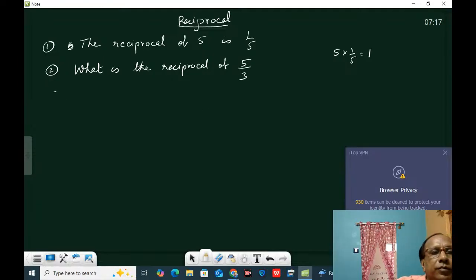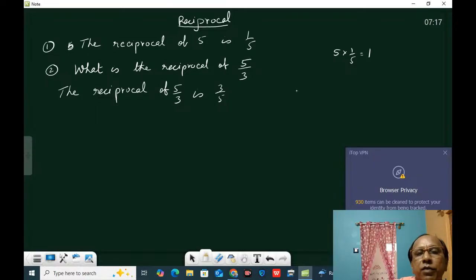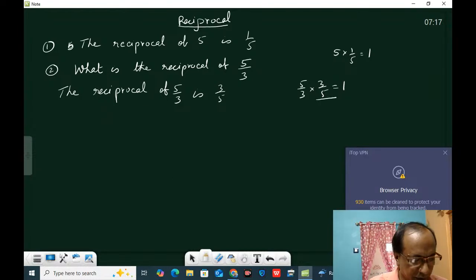The reciprocal of 5 by 3 is 3 by 5. The question is why? Because if I multiply this number with this number, we will get 1. That is 5 by 3 into 3 by 5. We are getting the value as 1, right? That is the reciprocal. In this way, you can find the reciprocal of any number, right?